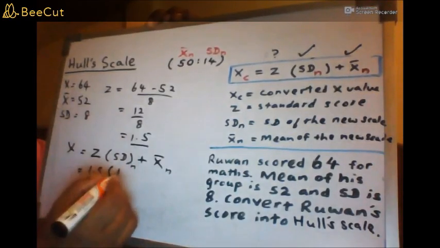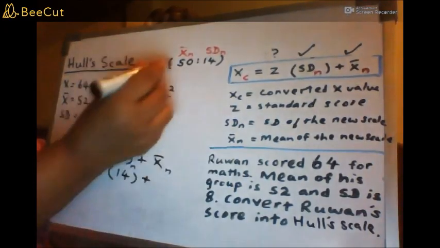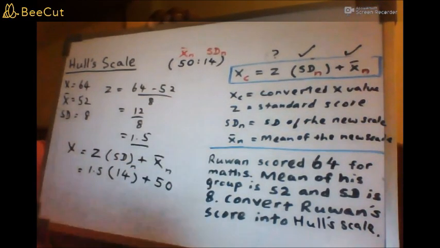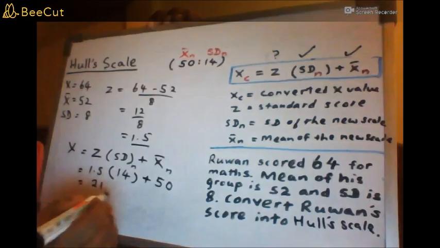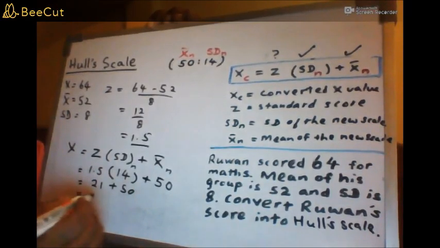Standard deviation is 14, the new standard deviation. And the new X bar is 50. So what are the answers? 1.5 into 14, so it is 21. You do the calculation. And here it's 50. That is 71.